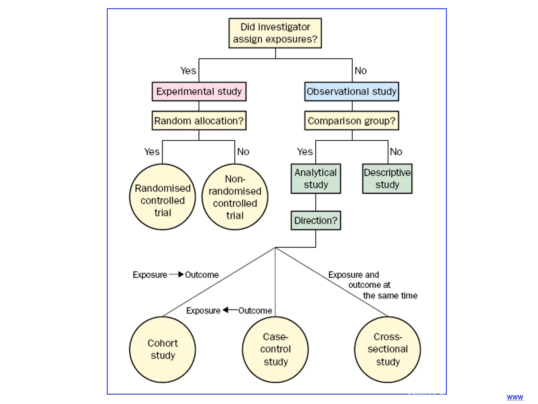Looking at the side of the screen that talks about observational studies, if there's a comparison group, then yes, it will fall under the analytical arm, right? If there's no comparison group, then it's a descriptive study.